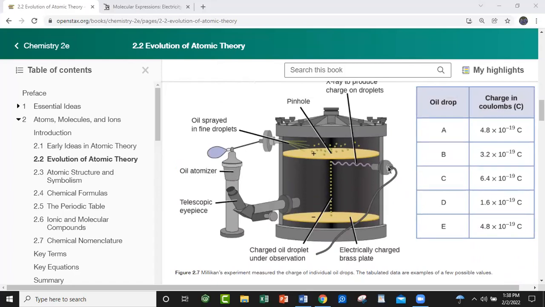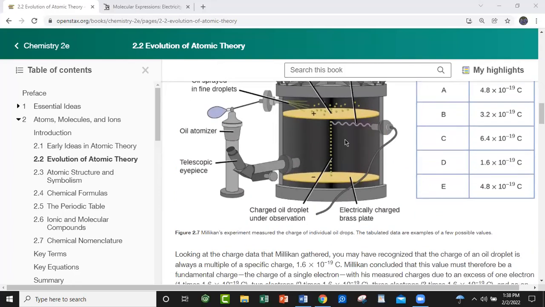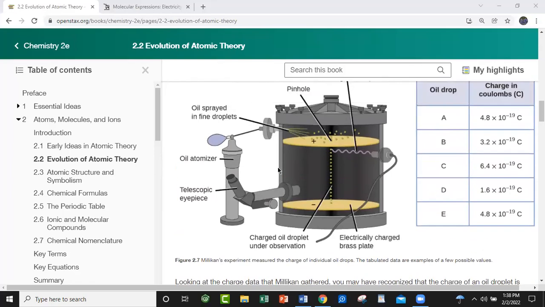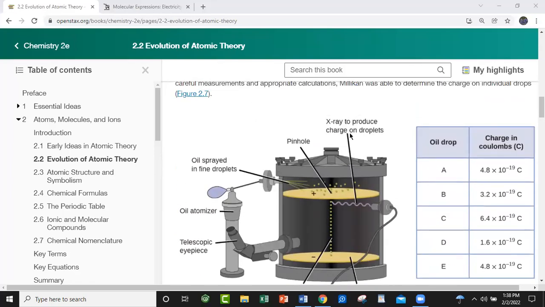So this is his apparatus, and so he's spraying in these oil droplets, and he had 2 charged plates in here, and the charged droplet that comes from the top plate to the bottom plate, he was able to observe through this eyepiece, right? And the X-ray is what was used to produce the charges.